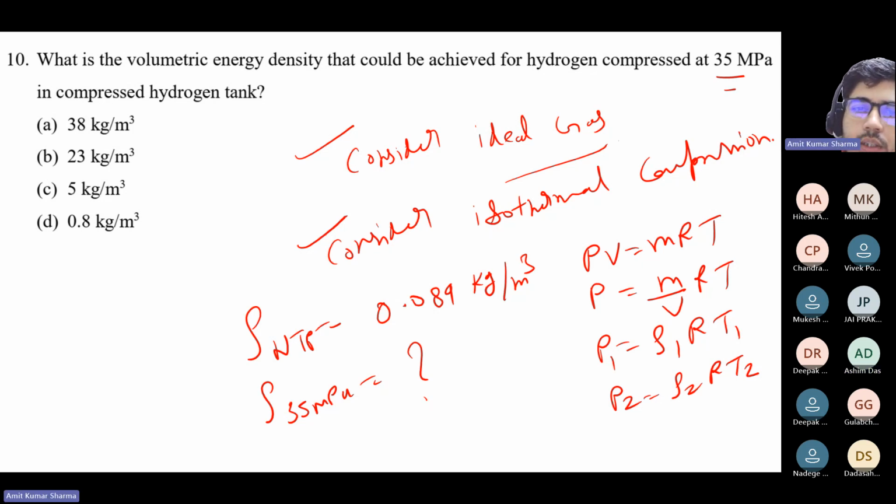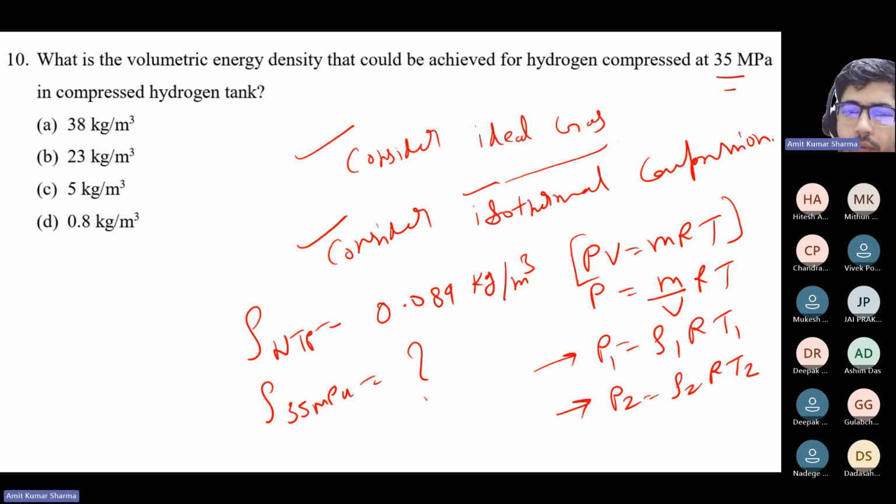Yes. So this is the ideal gas. PV equals mRT. Just transfer the volume to this side so it becomes the density. So P1 equals rho 1 R T1 for state 1. For state 2, P2 equals rho 2 R T2. I have given the condition isothermal, so T1, T2 will be same.